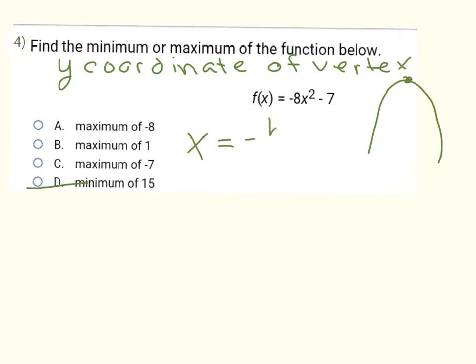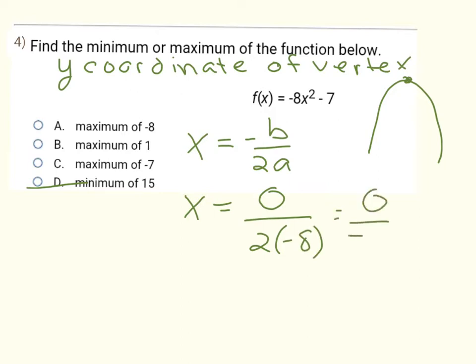So my first step is to use that equation, negative b over 2a, to find my x coordinate. Here, I don't have an x term, so it's just going to be 0 on top. And then I'm going to have 2 times negative 8. And 0 over negative 16, if you have 0 of 16 things, you still have 0. So my x is just 0 there.